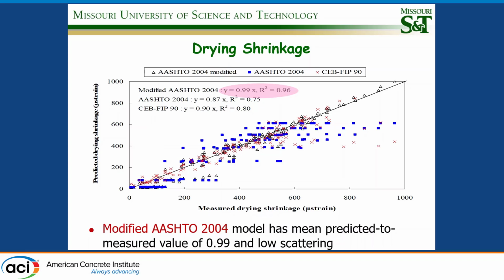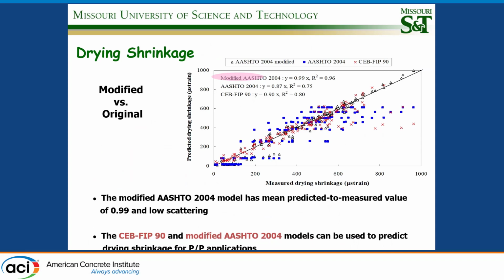So the CEB-FIP 90 model without any modifications also gave a good prediction. It was an R square of 0.8. Otherwise, the AASHTO model was modified. The same thing for drying shrinkage. There's a lot of models out there for drying shrinkage. And the one on the top is the modified AASHTO.